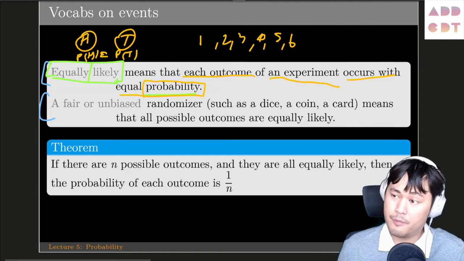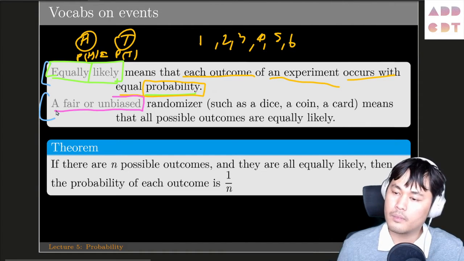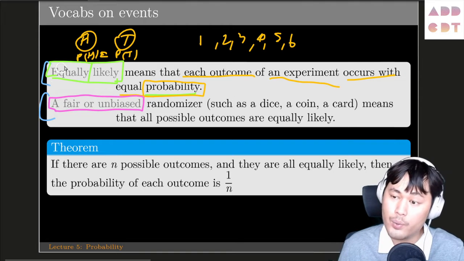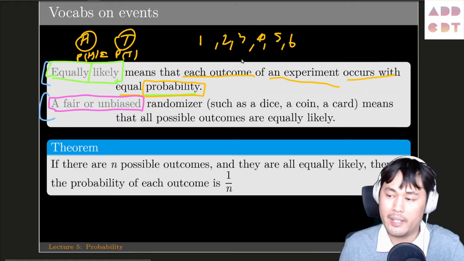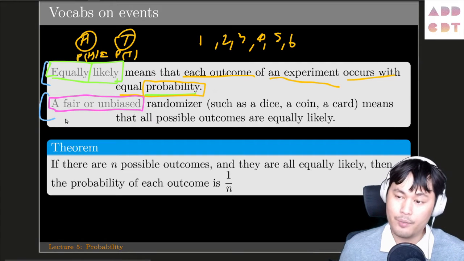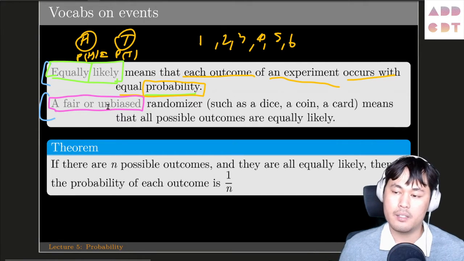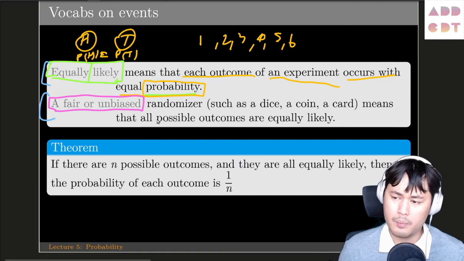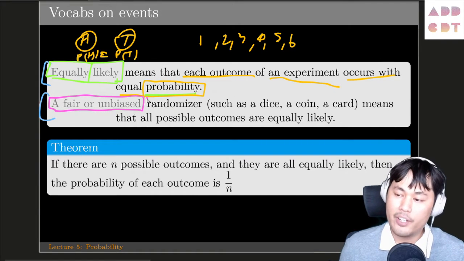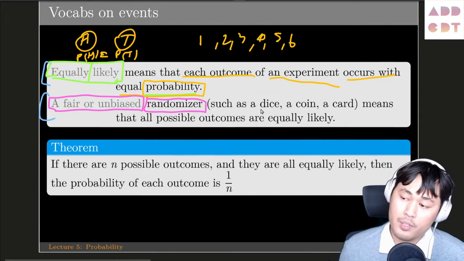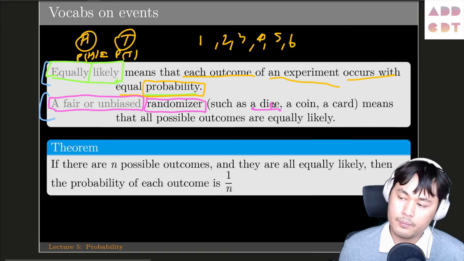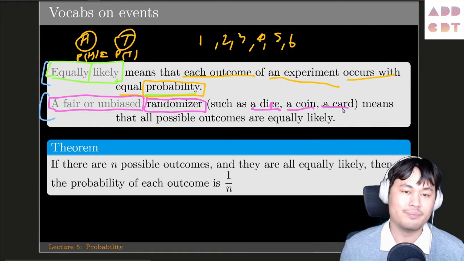And then we have the word fair or biased. Right? When we talk about equally likely, we talk about an event, or we talk about an outcome. But when we talk about fair or biased, this is a property that belongs to a randomizer, the object or the process that we use to randomize. In this case, we think about a die, a coin, or a card.